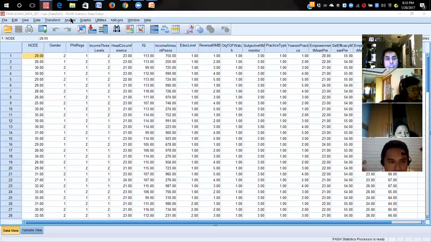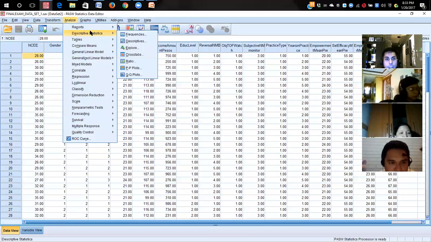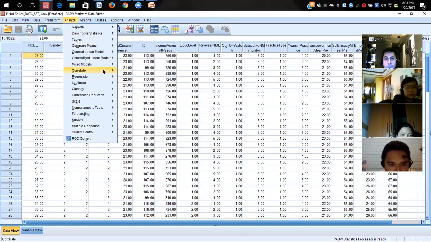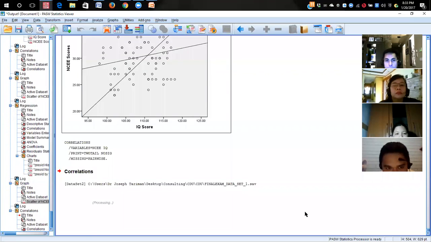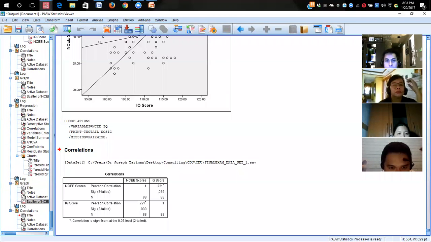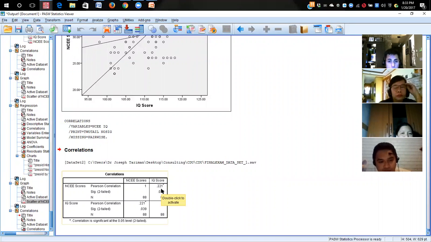So now let's go to analyze, and we're gonna go to correlation first, right? And we do bivariate, and I have NCEE and the IQ score. And here's our SPSS output. It tells you that the Pearson correlation of NCEE with IQ is 0.221.